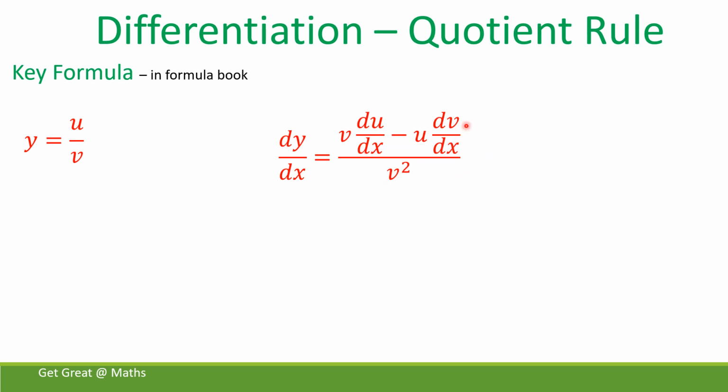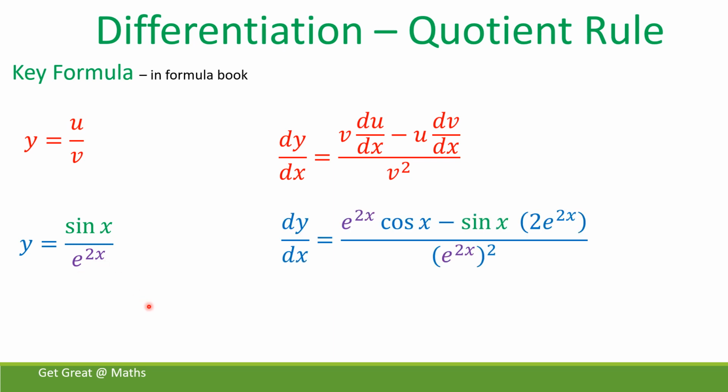This numerator section here with a plus in the middle is the product rule. So you can use that to help you remember the product rule. So if I look at an example here, u is going to be sine x and v is going to be e to the 2x. So when I put that into the formula, I'm going to put it all over the bottom squared. So the bottom is e to the 2x all squared.